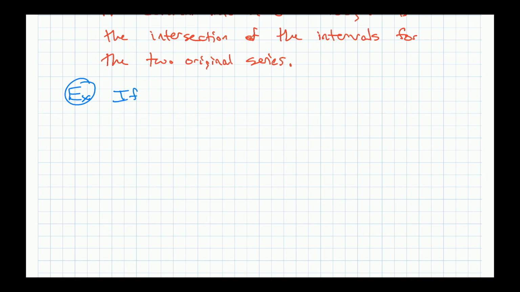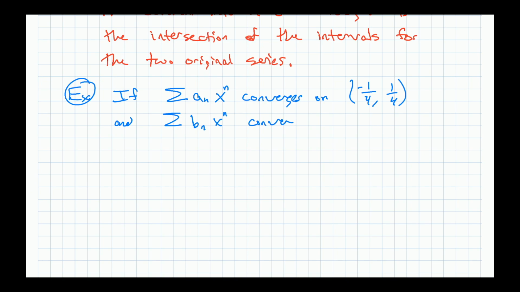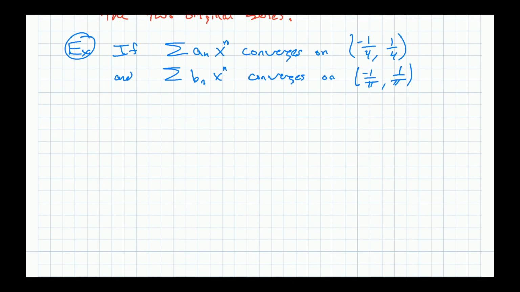If the series sum of an x to the n converges on negative 1/4 to positive 1/4, and the series sum of bn x to the n converges on negative 1/pi to 1/pi, then what is the interval of convergence for when we add them together?